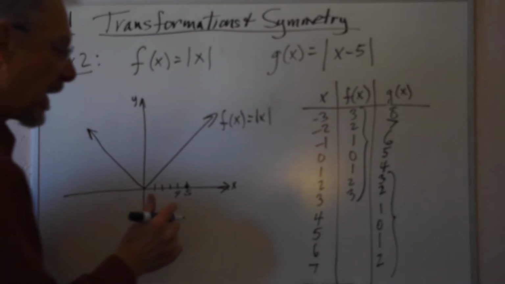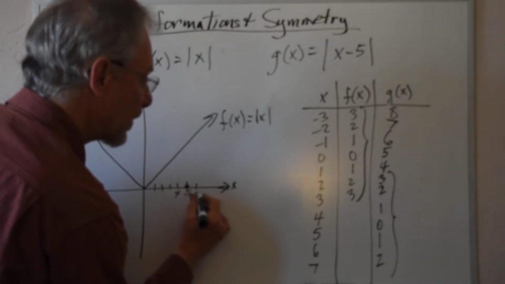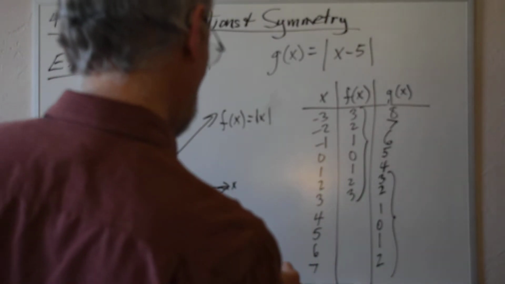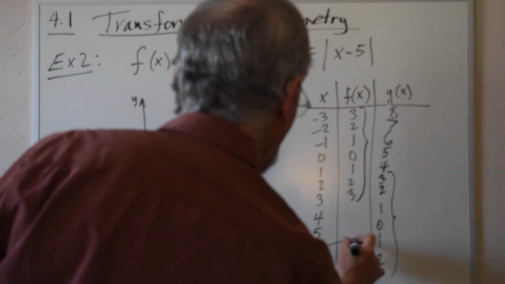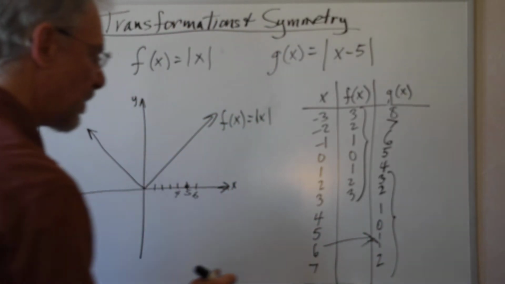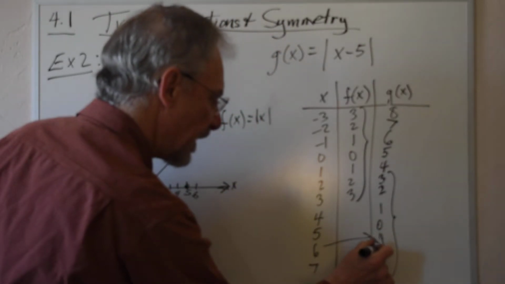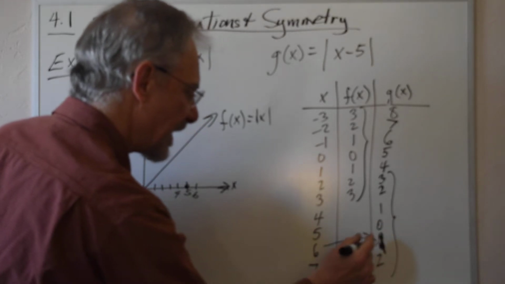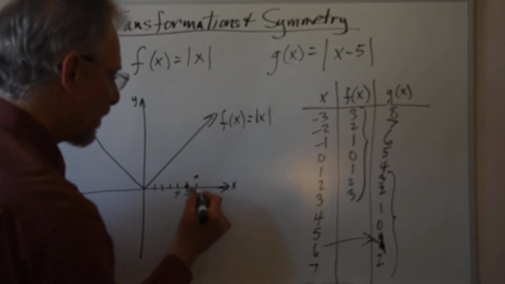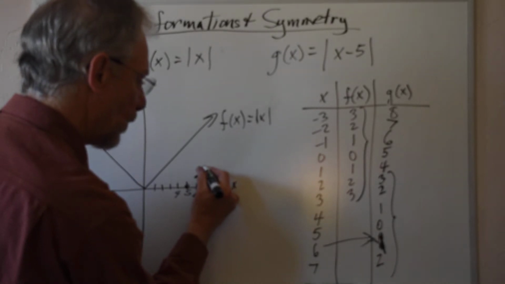Now, as we get further to the right and go to 6, we get 1. As we go to 7, we go to 2.